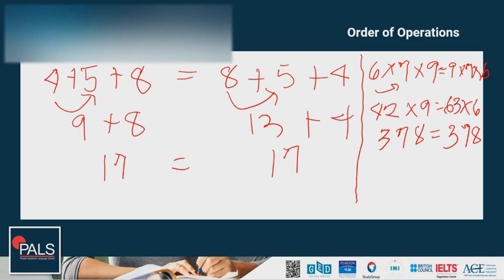Okay, by the way, before we proceed to another property, I want you to take note that the associative property applies only to addition or multiplication. It does not pertain to subtraction or division. So remember, associative property is only applicable to addition or multiplication.